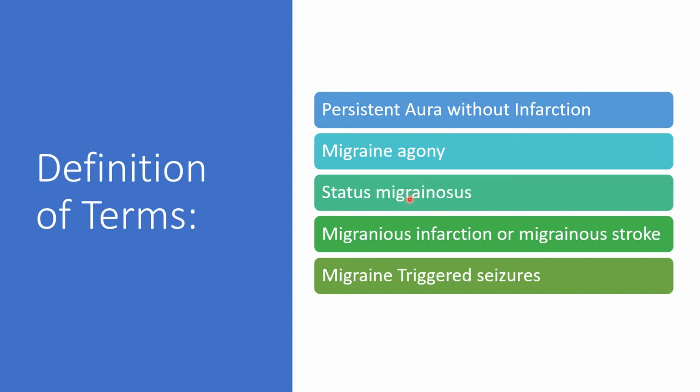Status migrainosus. This is a relentless migraine attack. Status, you remember? Epilepsy, asthma, and so on, right? Something that is just strong and not waning down. Exactly. That could happen also in migraine, okay? And it could last more than 72 hours.